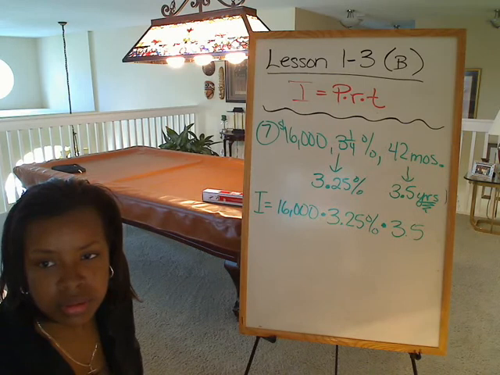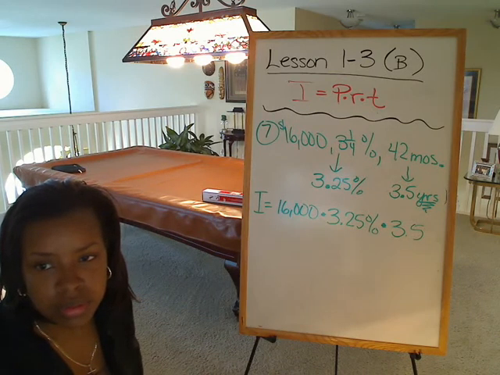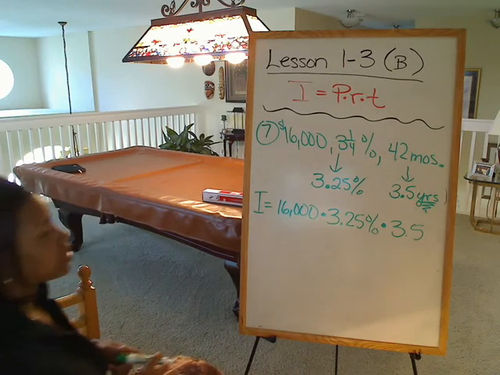Let's see what we get. 16,000 times 3.25 times 3.5, 182,000.